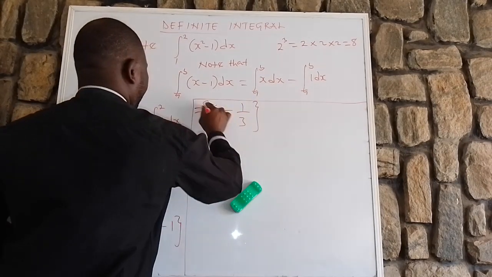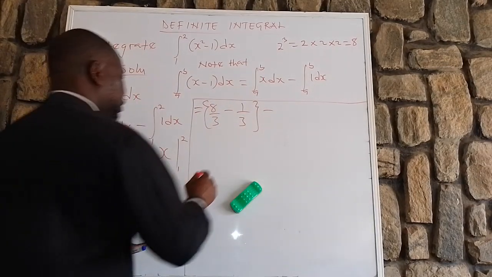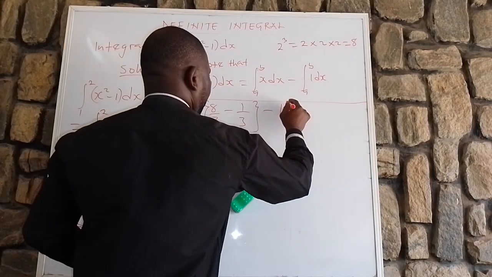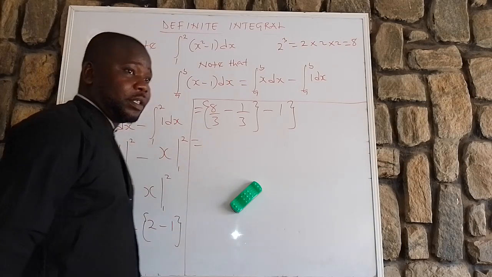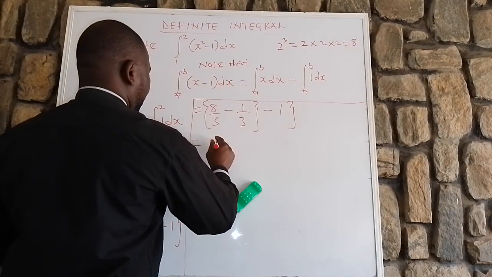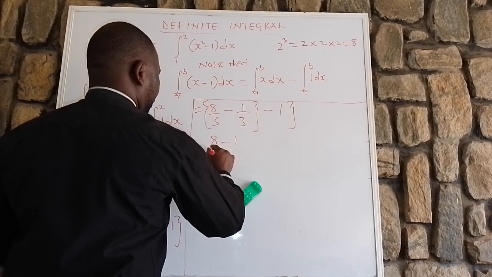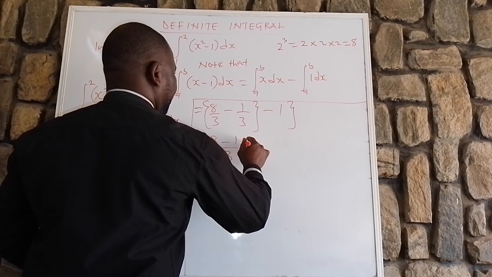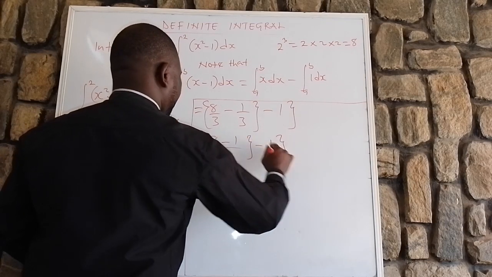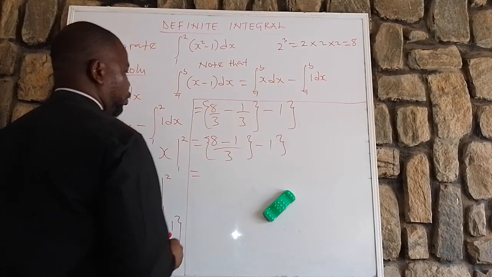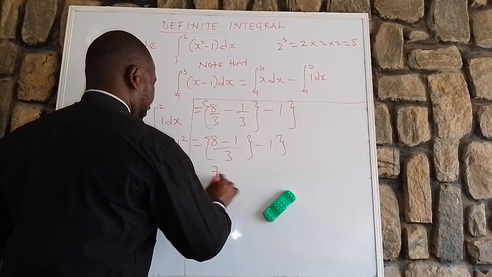Then minus, 2 minus 1 is 1. Then let's look for the LCM. The LCM here is 3, isn't it? 3 into 3 is 1 times 8, 8, minus 3 into 3 is 1 times 1, all over 3. Then this is equal to 8 minus 1 is 7 all over 3.